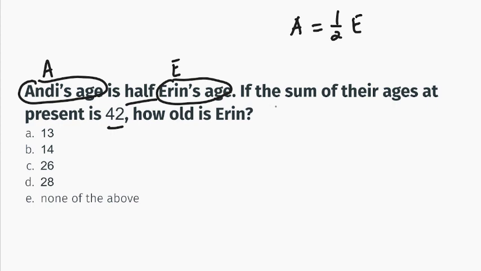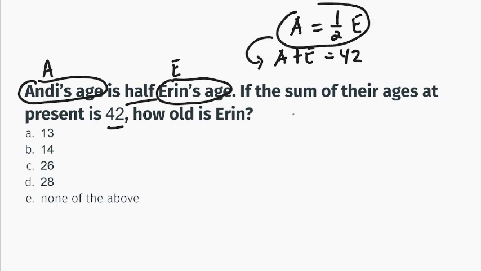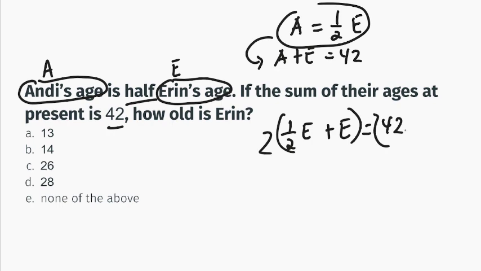And we know that from the second condition, A plus E is equal to 42. So we can just substitute the value of A here into the second equation. So we get that 1 half E plus E is equal to 42. So for easier manipulation, we can multiply both sides of the equation by 2.